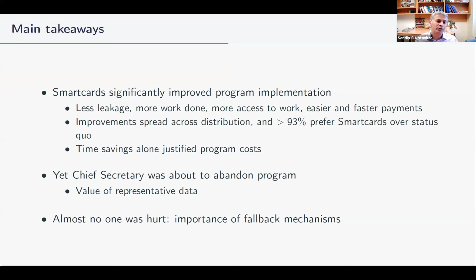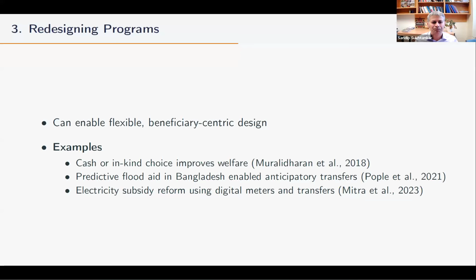Now that meant that you couldn't reduce leakage down fully, but it also meant that if you were genuinely hurt, you were not going to be out of options. Okay, so that's one of the main takeaways. That's an example of how the transferring of benefits can be affected and improved.